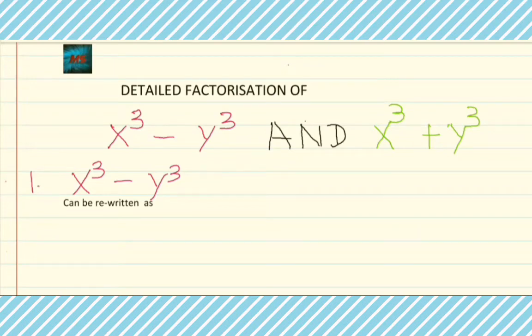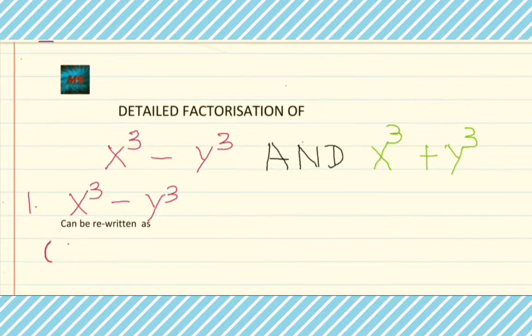Detailed factorization of x cubed minus y cubed and x cubed plus y cubed. x cubed minus y cubed can be rewritten as (x minus y)(x squared plus y squared).